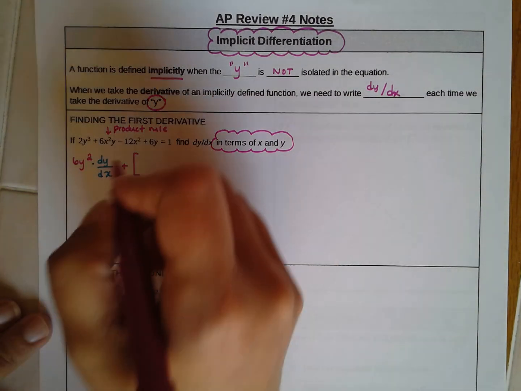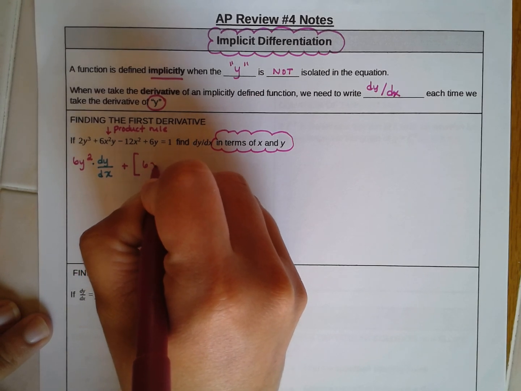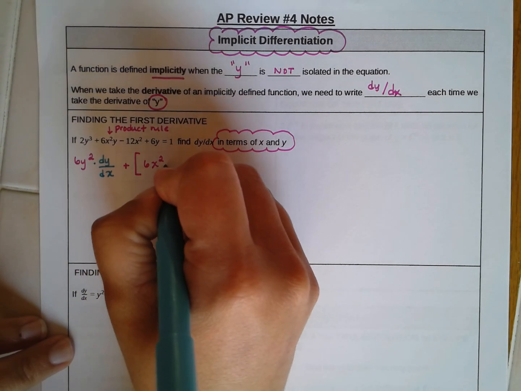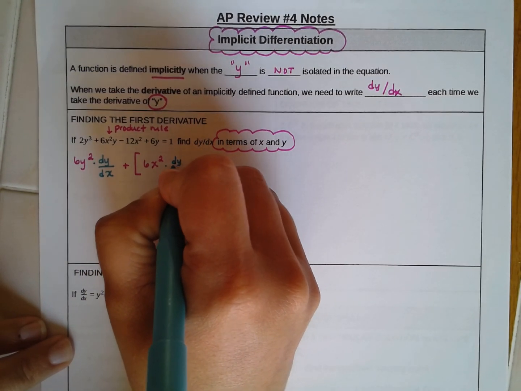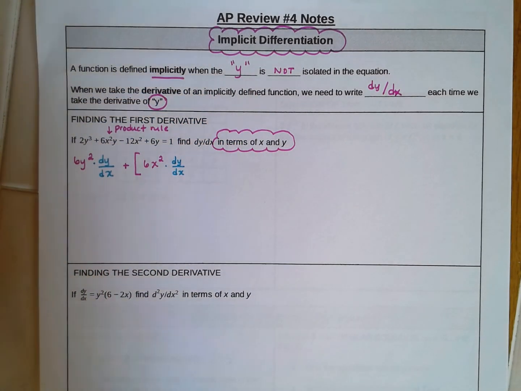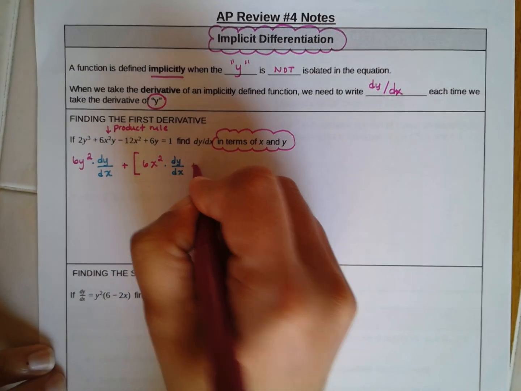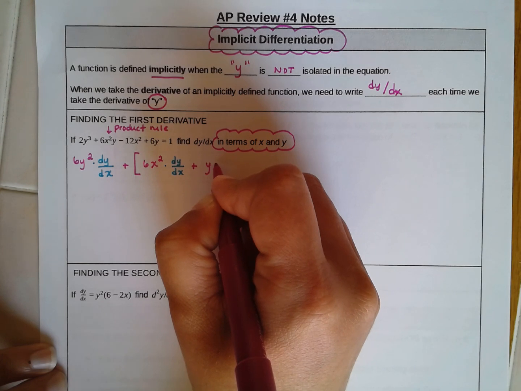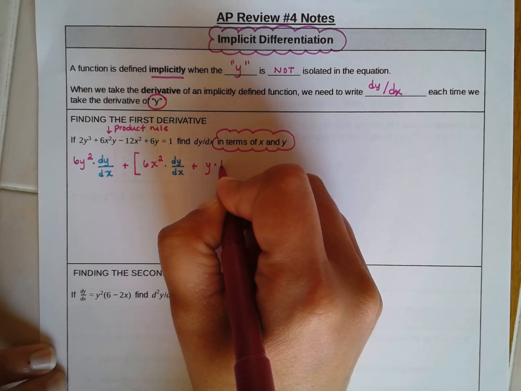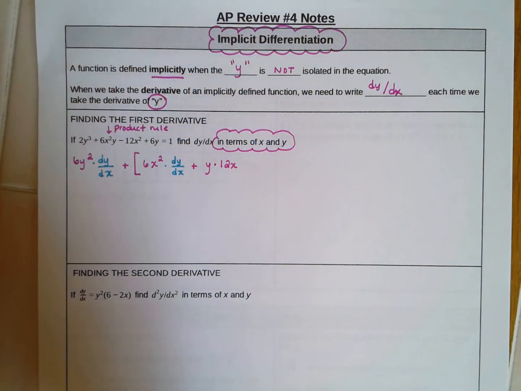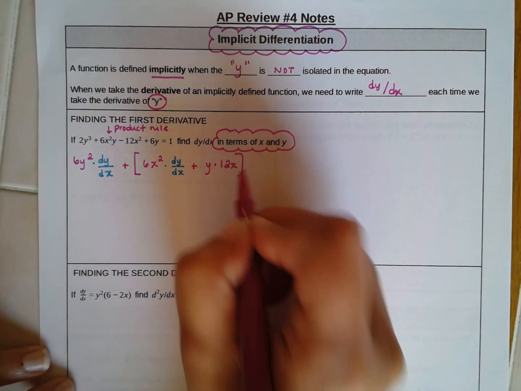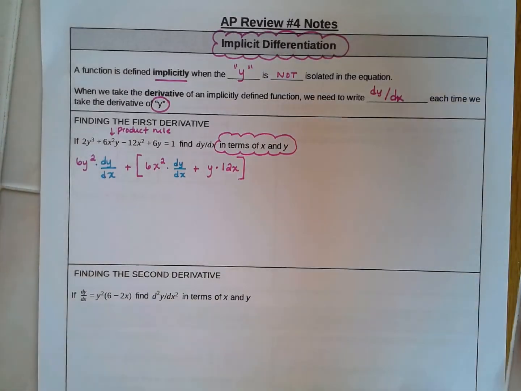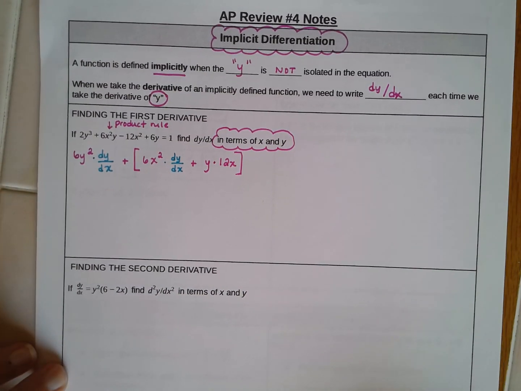Now to do product rule, I'm going to copy the first, which is 6x squared, take the derivative of the second, and the derivative of y is just going to be times dy over dx. Plus, and now I'm going to copy the second, which in this case is y, and then take the derivative of the first, which in this case would just be 12x. So that entire group of terms is all just the derivative of that second term of the original, the product.